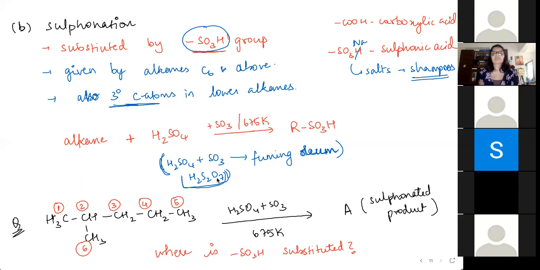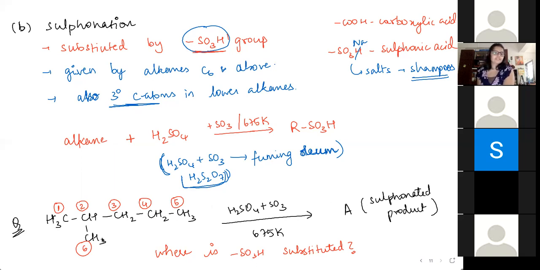Yes. Okay. So I've given an equation. So I have an alkane and I'm doing sulfonation. This is the sulfonation process, making it react with H2SO4 at 675 Kelvin and all. And then obviously I get a product. So now we have learned that substitution of SO3H is going to take place. So my question is, what will the product be?